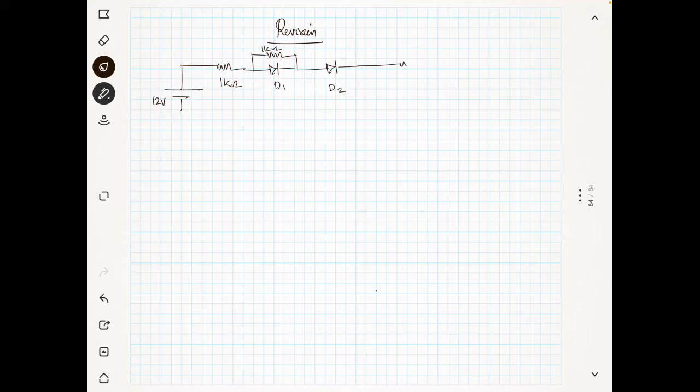And you have 1 kilo ohm resistance here again. You have another diode connected like this, and another diode connected like this. Not this, there is no connection here, and this is 1 kilo ohm.